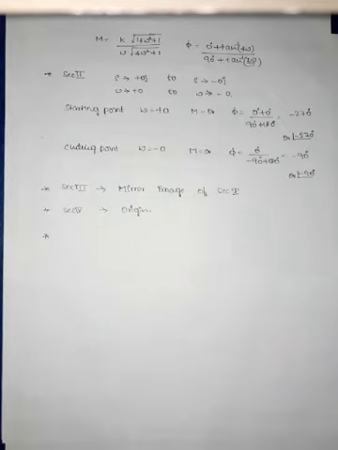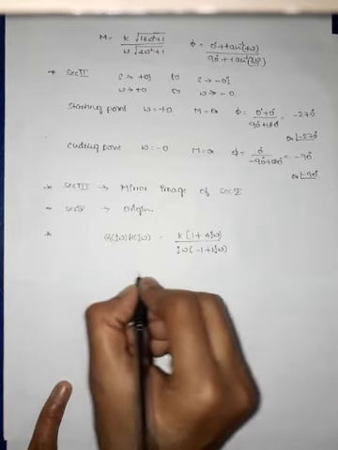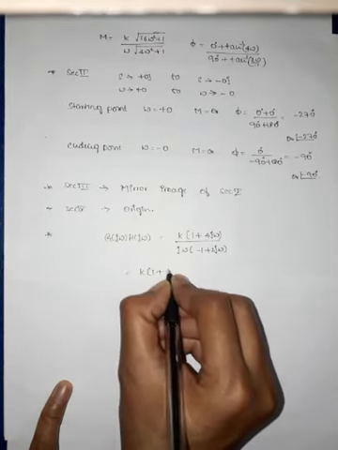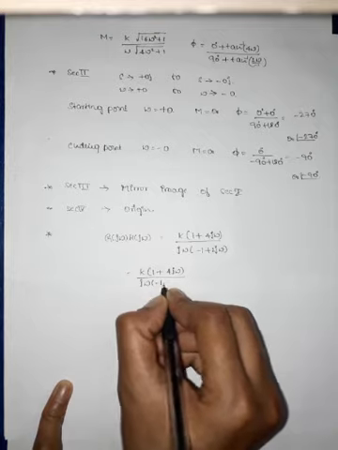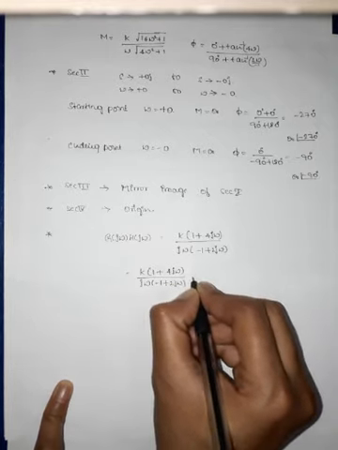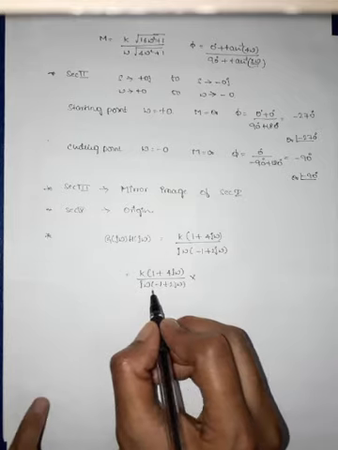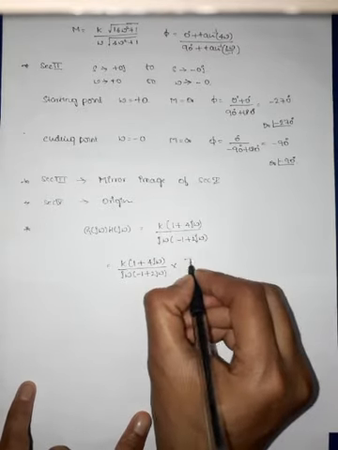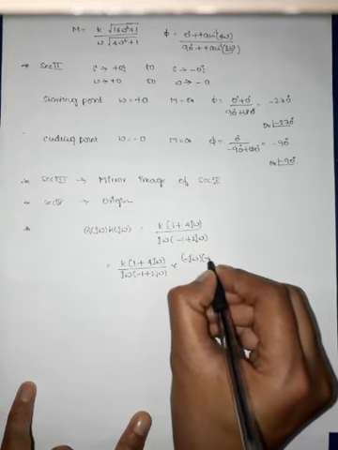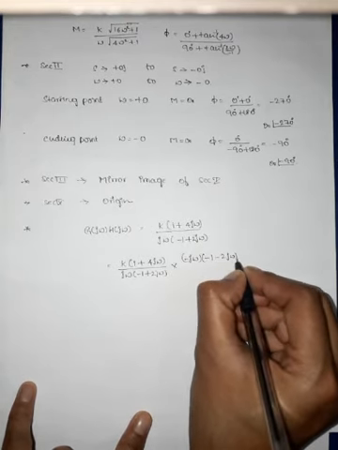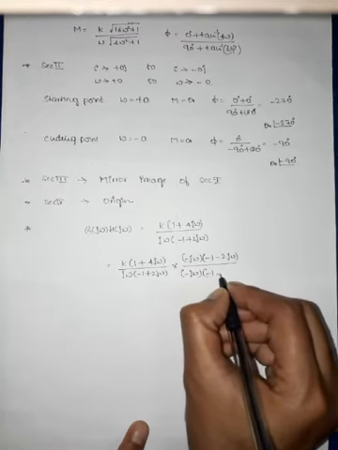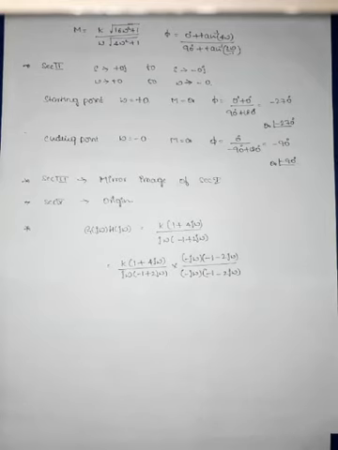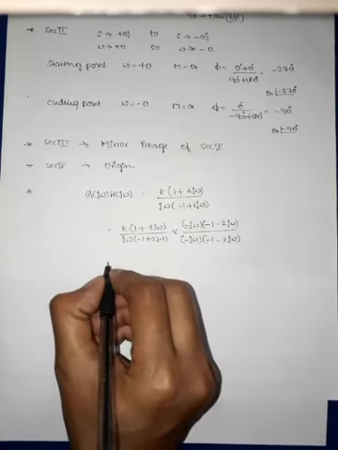For that we need to rationalize the given open loop transfer function: k into 1 plus 4j omega divided by j omega into minus 1 plus 2j omega should be multiplied by the complex conjugate of the denominator, that is minus j omega into minus 1 minus 2j omega divided by minus j omega into minus 1 minus 2j omega. You need to simplify this one.